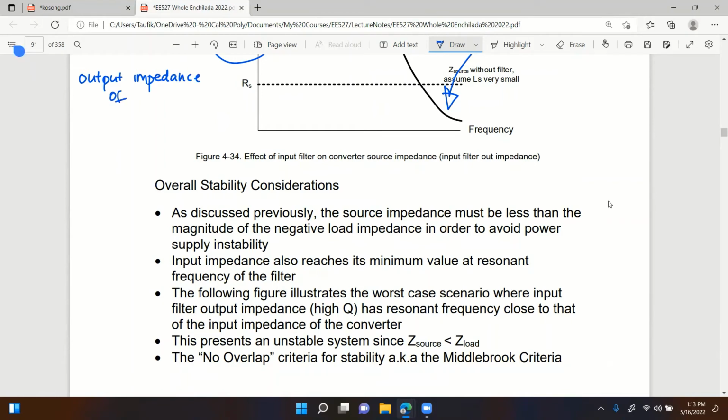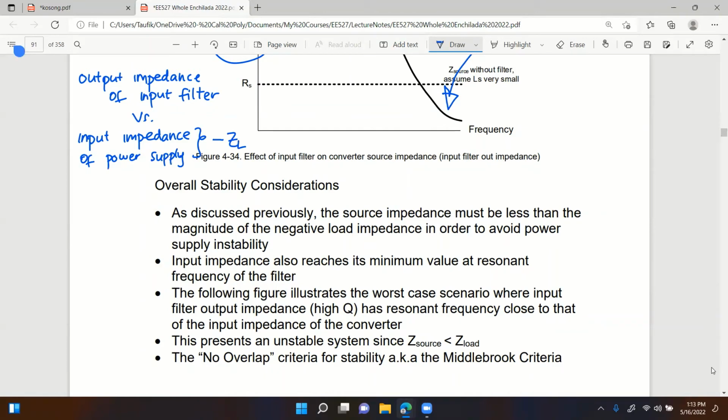Output impedance of input filter versus input impedance of input of power supply. There you go. And keep in mind, this is the one that has the negative impedance.